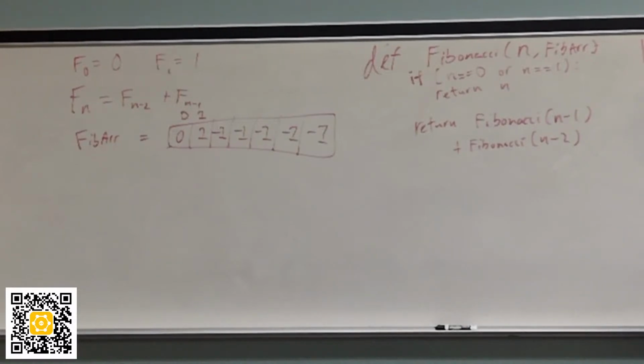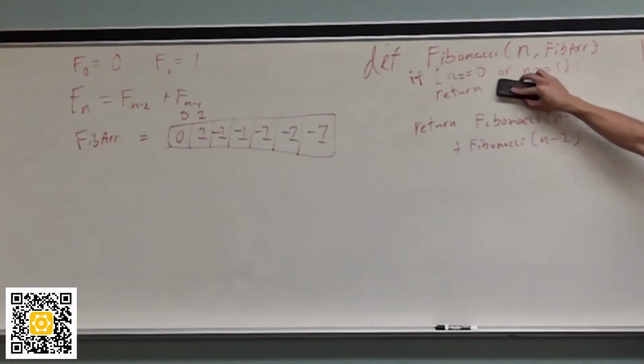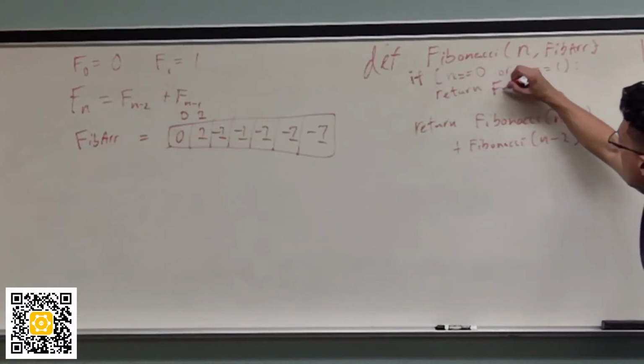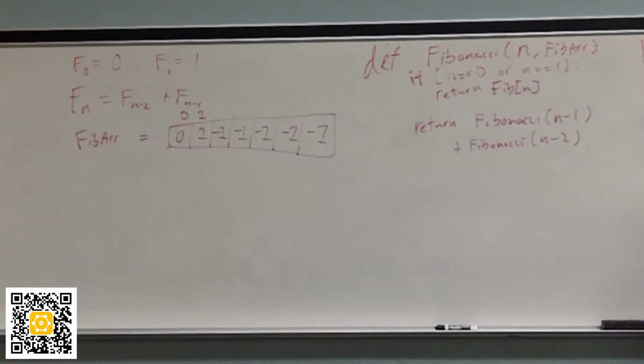So which values were filled in the array? 0. So instead of n equals 0, n equals 1, we could say, since it's already filled, return that, right? There's something else, actually.